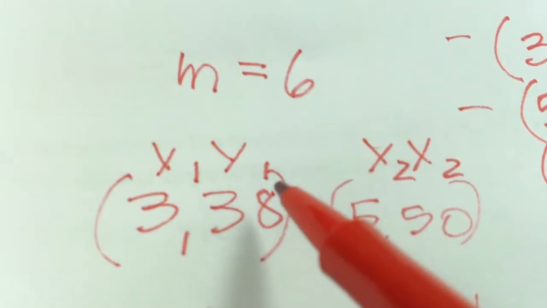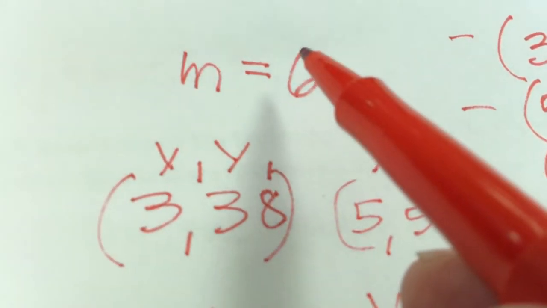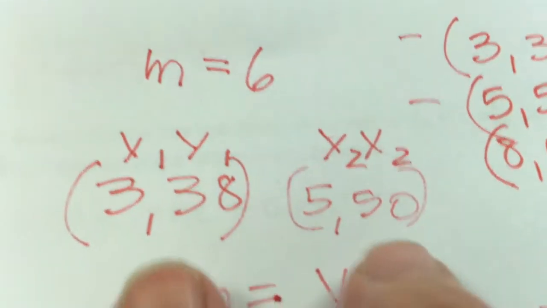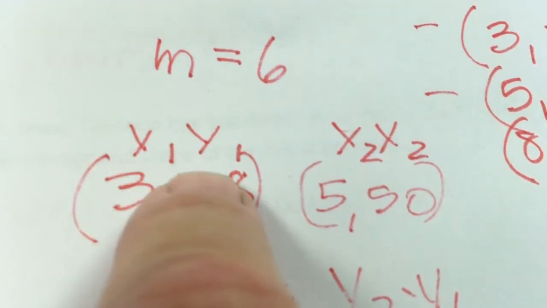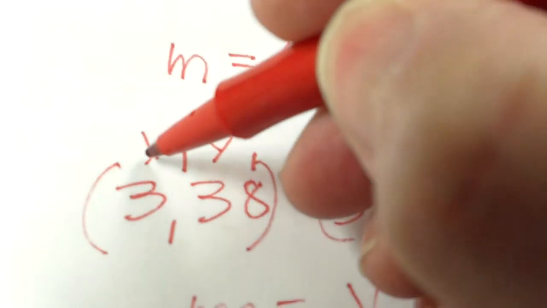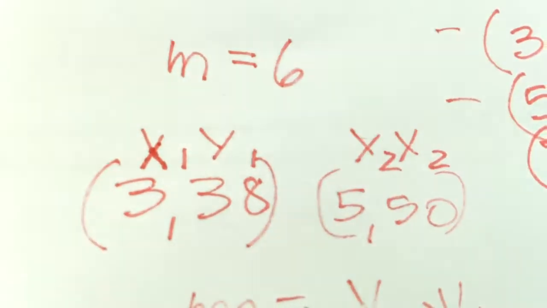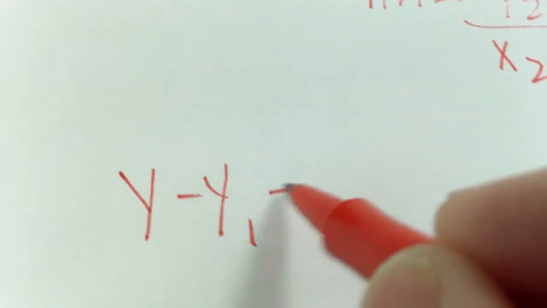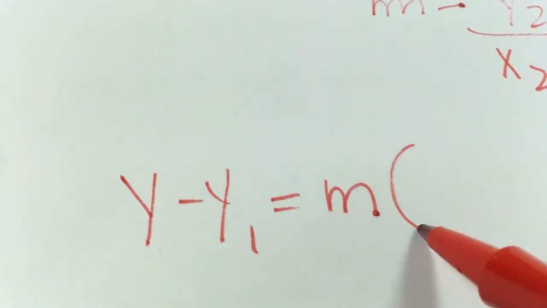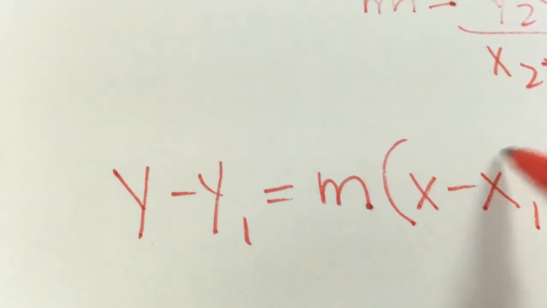So now if we have a point and the slope, we can use the point-slope formula. We actually have 2 points, but we only need 1. So we're going to use the point that we already labeled x1, y1, and the slope that we just figured out, and we're going to put it in point-slope form. So we have y minus y sub 1 equals m times the quantity x minus x sub 1.